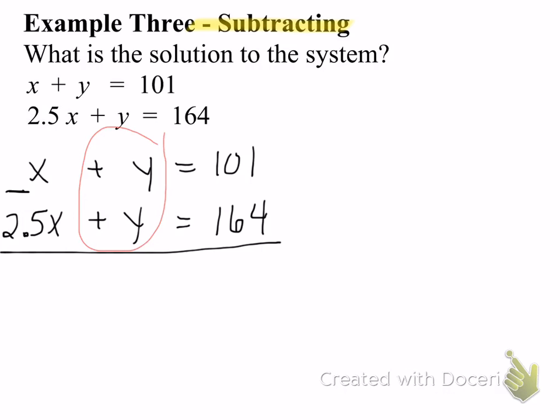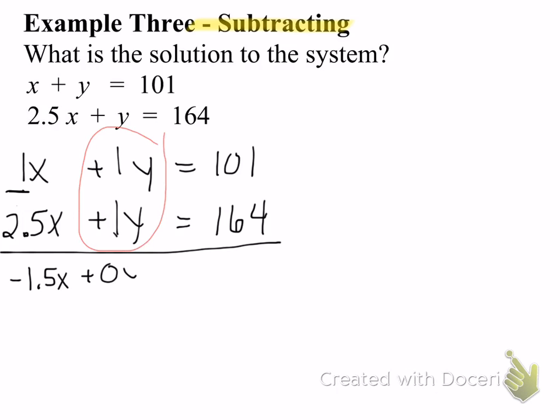So let's go ahead and do our subtraction. We've got our x's when we subtract down. So that's 1 minus 2.5, which gives you negative 1.5x. These both have 1's in front of them, so 1 minus 1 gives you your 0.